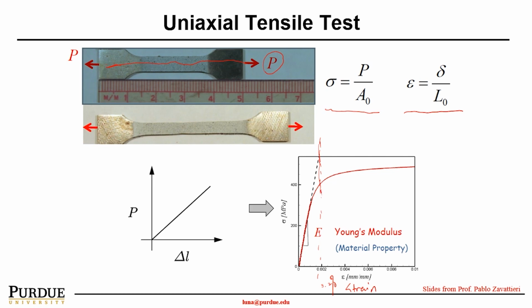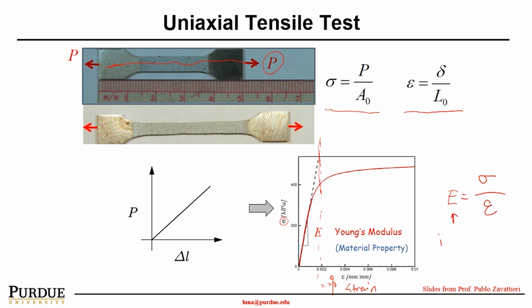That means the increase of sigma is linearly proportional to the increase of epsilon. And the tangent of this curve is E, which is Young's modulus, or modulus of elasticity, an intrinsic material property. Again, E equals sigma over epsilon.